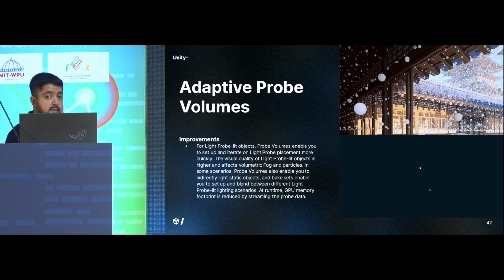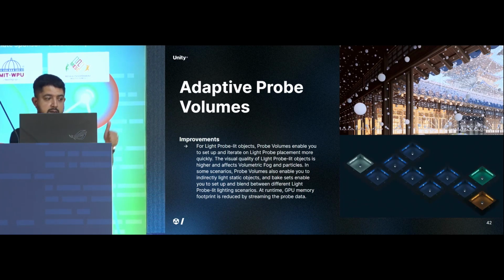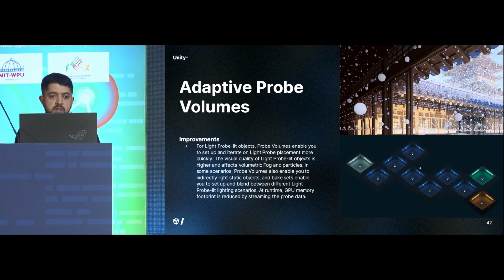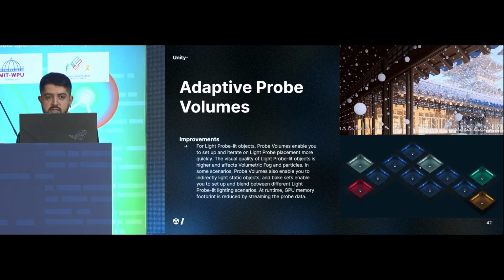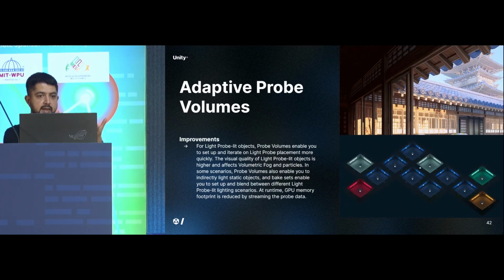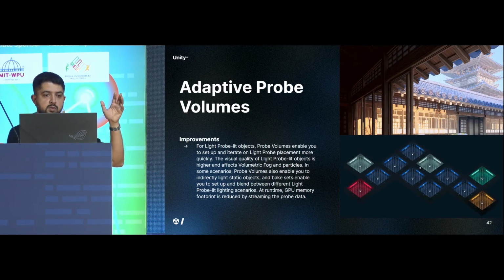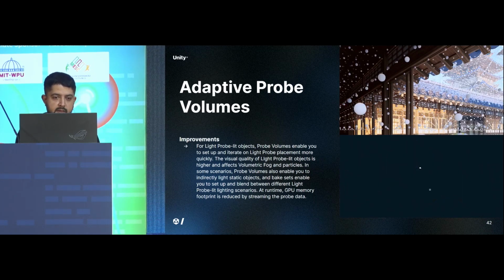One of the features that is coming to both Universal Render Pipeline and HDRP is adaptive probe volumes. So a probe volume is a group of light probes that Unity places automatically based on the geometry density in your scene to create baked indirect lighting. And with 2023.1, adaptive probe volumes were out of preview and they were added to Universal Render Pipeline as well.